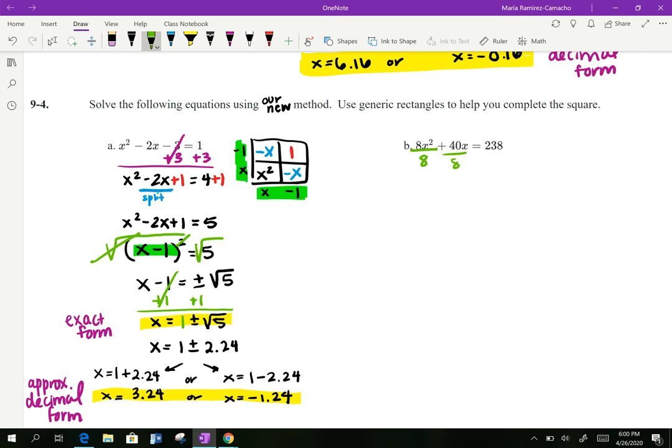Here I get x squared plus 5x equals 29.75.